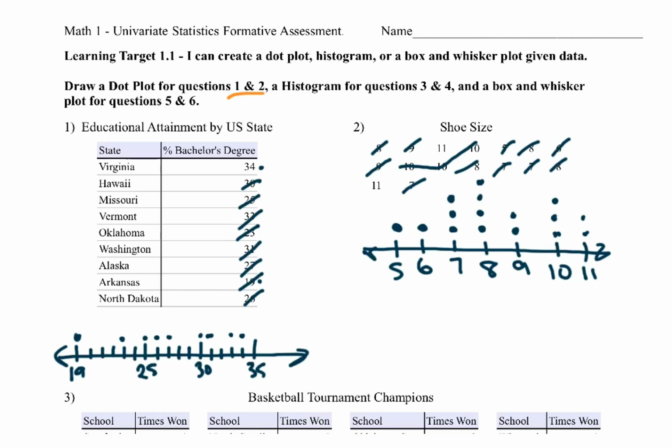And 2 at 11. Okay, so that's how we do our dot plots. You can also do it on the calculator, but I'll show at the end. I'll just have one example where I go through all 3 different types of plots.